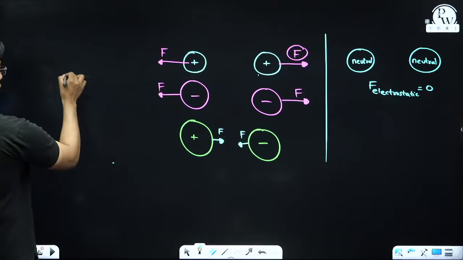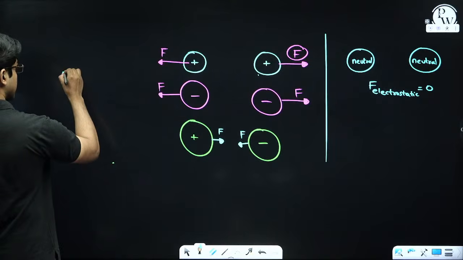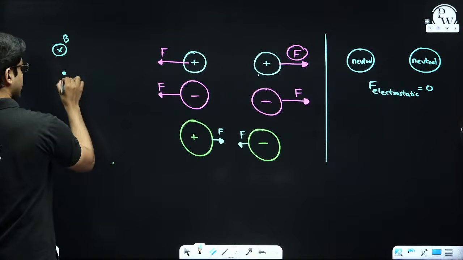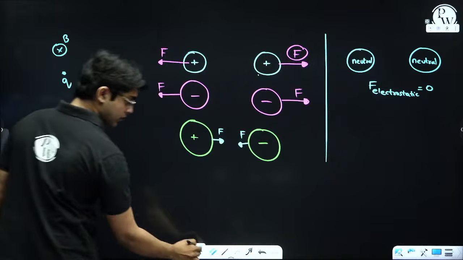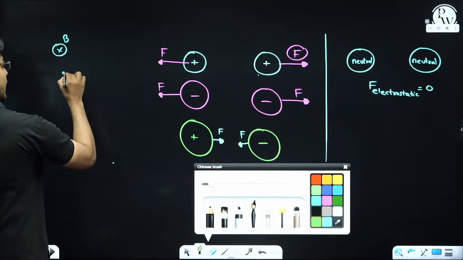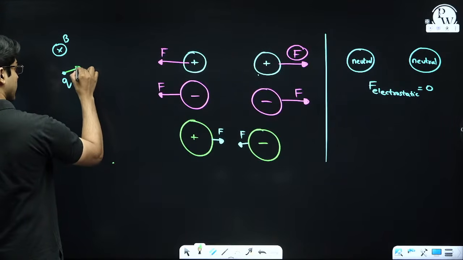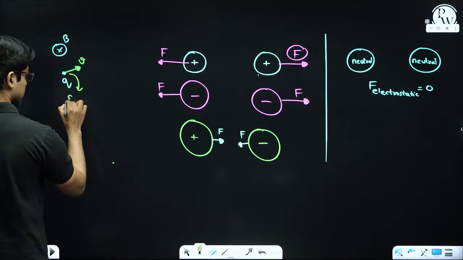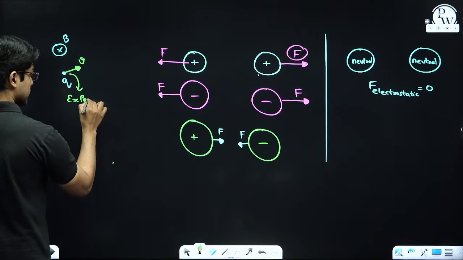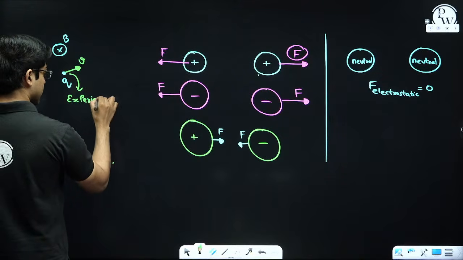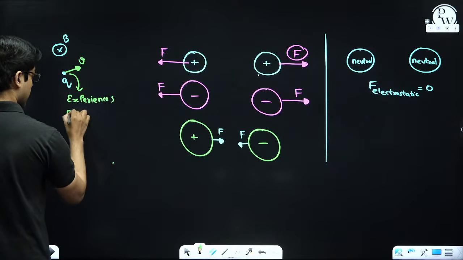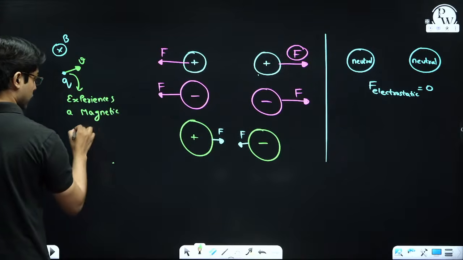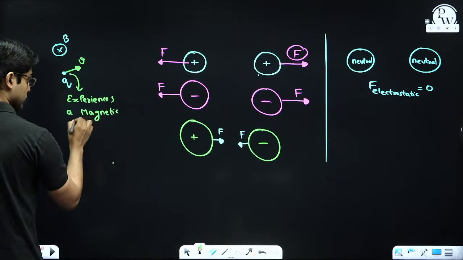We will learn later that whenever we have a magnetic field and a charged particle, if it is thrown into the magnetic field with some velocity, then the charge experiences a magnetic force. We will study this in magnetism, or most of you have probably studied it in school.